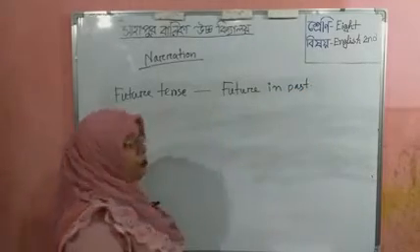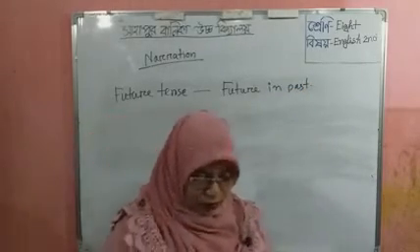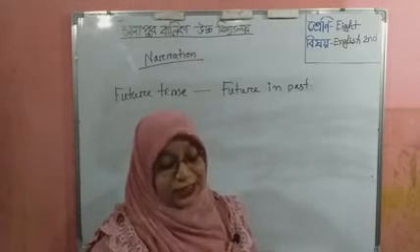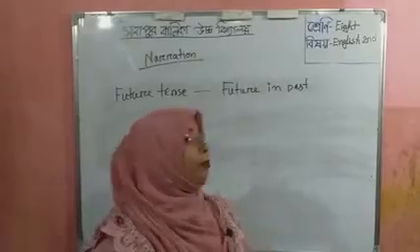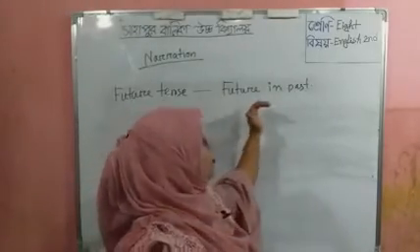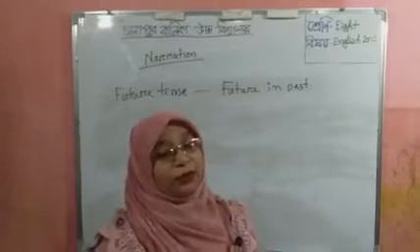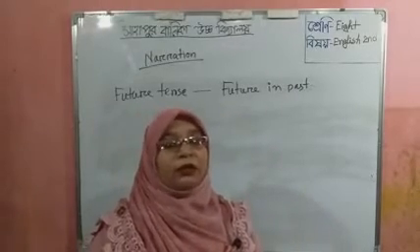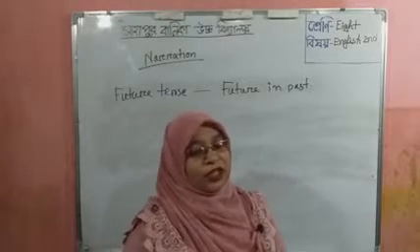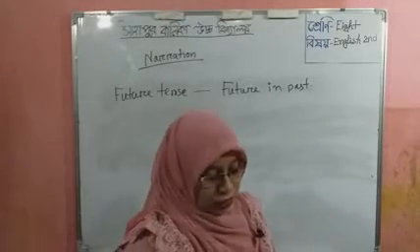Future in past is the changing of future tense. Future in past is this type of tense where we know that it is future, but it originally is the past.